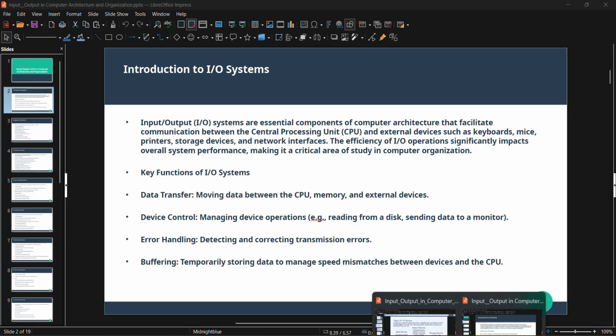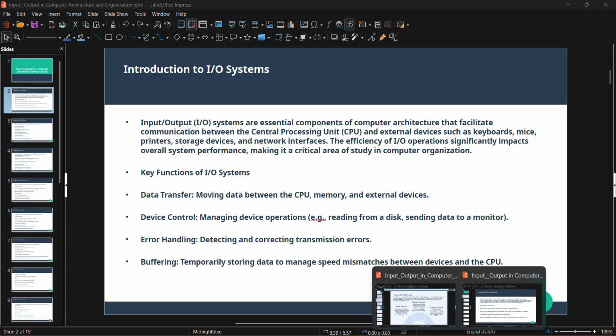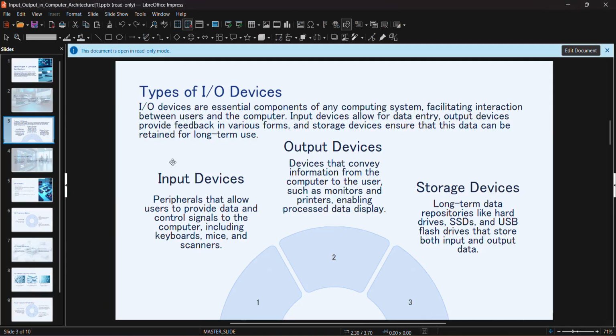Now let's go ahead and look at the types of input output devices. Since we are talking about the system, we need to know what the corresponding devices are. So we have input devices, output devices, and storage devices. Input devices are peripherals that allow users to provide data and control signals, for example, the keyboard and the mice.